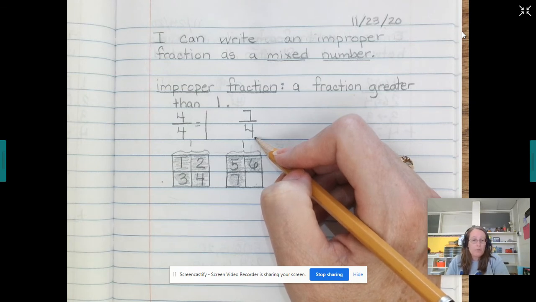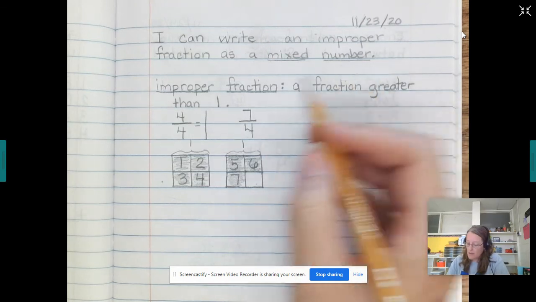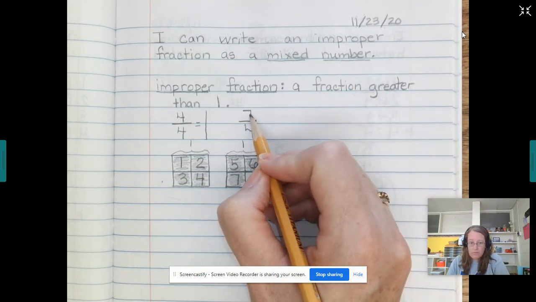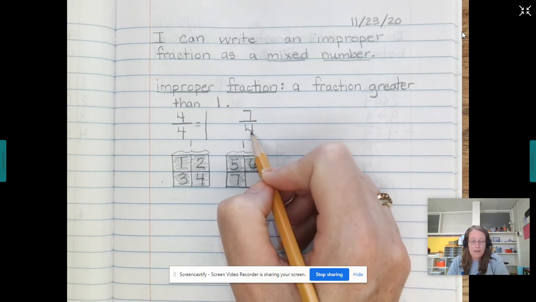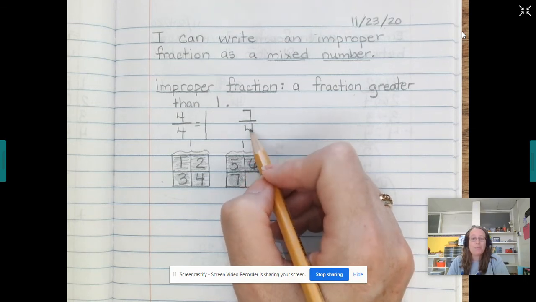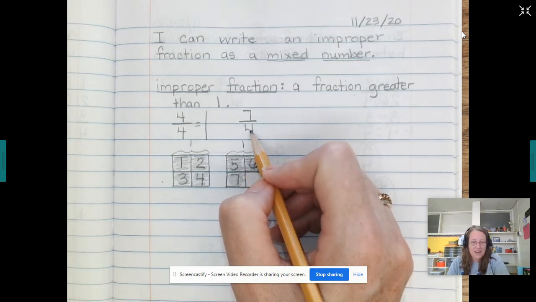Another way that people look at and can easily spot improper fractions: the numerator is bigger than the denominator, okay? The numerator will be bigger than the denominator.